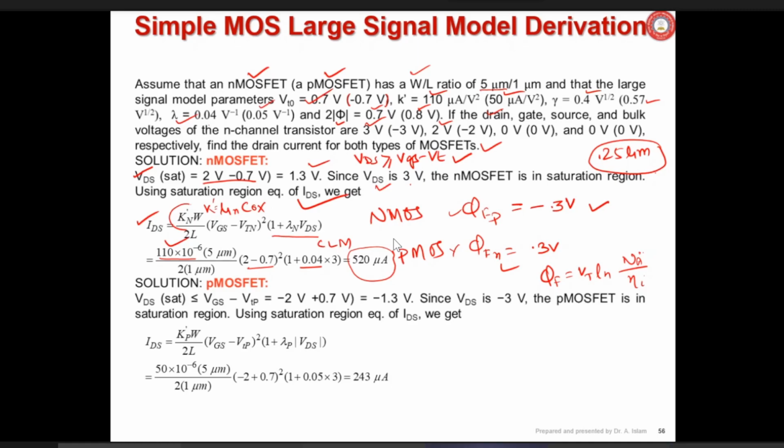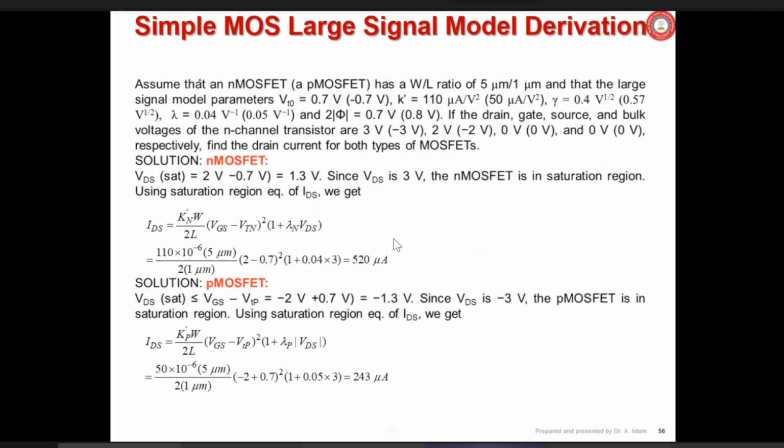Let me delete it. We have already discussed that a MOSFET can be firstly off or on. The off condition is when VGS is less than VT. Understood? Let us talk about N MOSFET, so VTN.